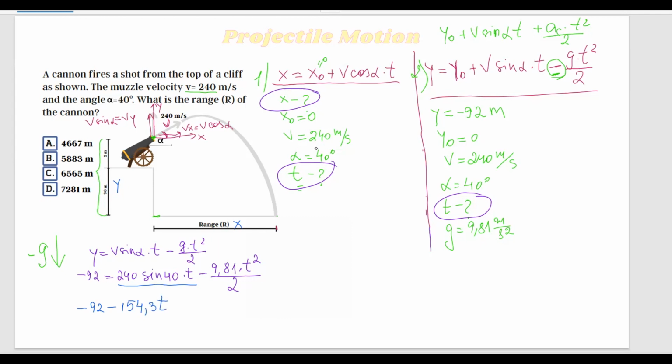And if I take this member to the other side of the equal sign, it becomes positive. So I have 9.81 divided by 2, plus 4.9 t squared. So this is a quadratic equation, and we have to solve for t. If I reorganize this and put it in the right order, I'm going to get the following: 4.9 t squared minus 154.3 t minus 92 equals 0.